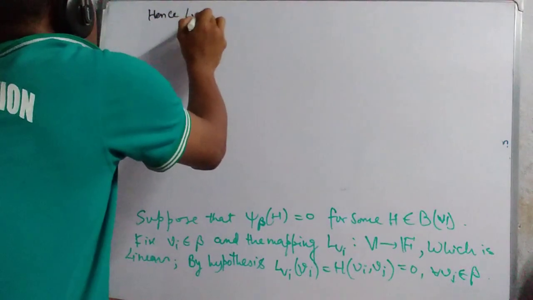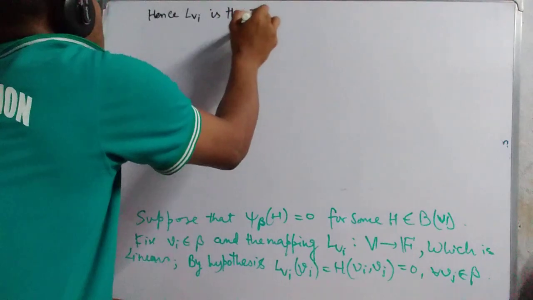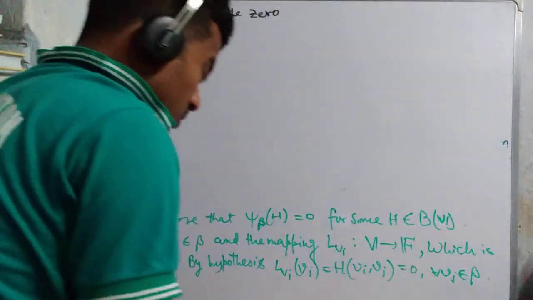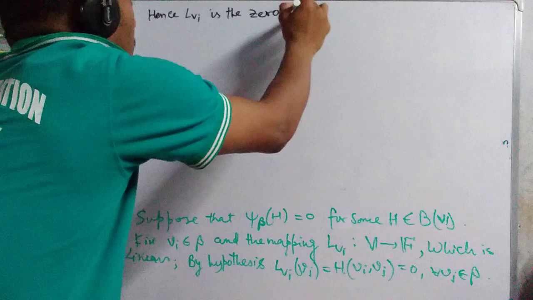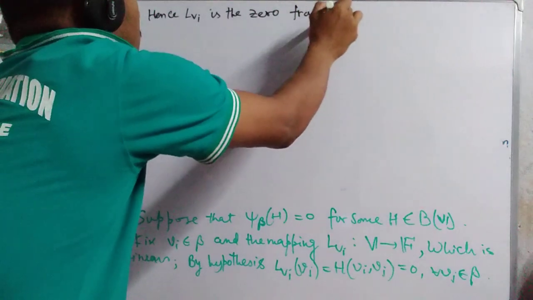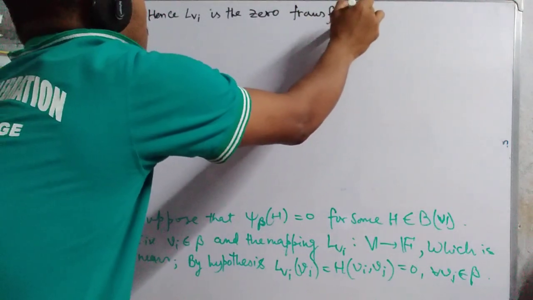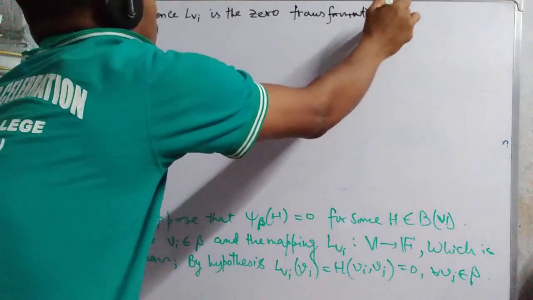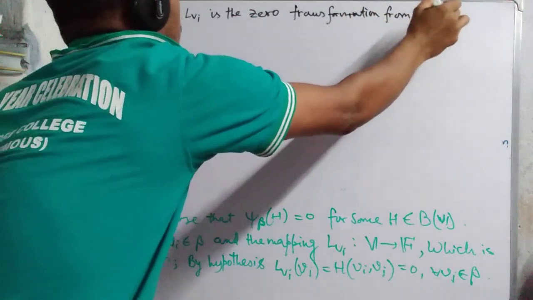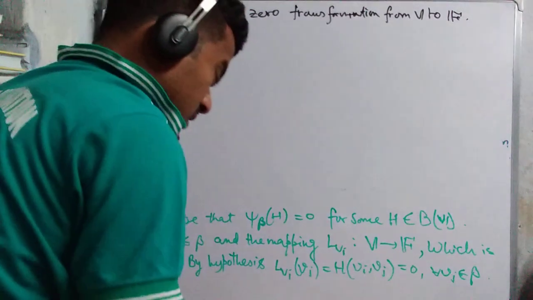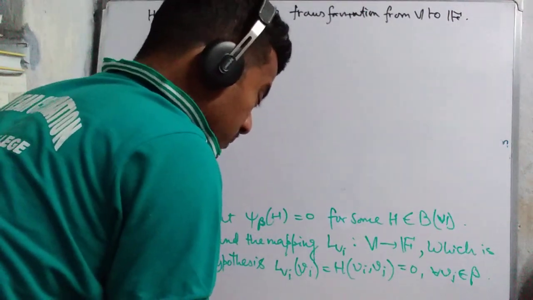Hence L of v i is the zero transformation from V to F.